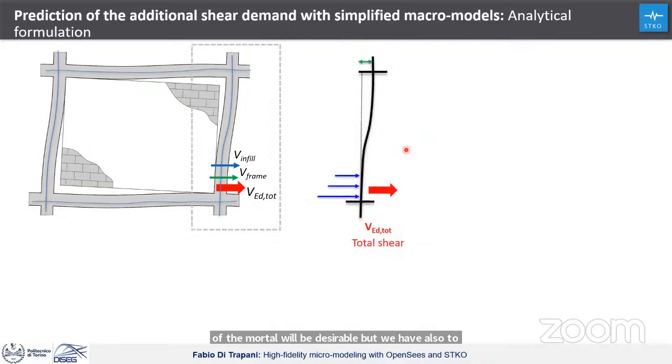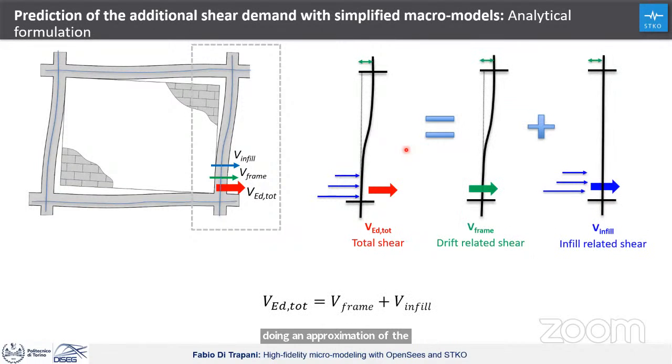Based on this, we formulated a simplified approach that can be used for doing an approximation of the estimation of the additional shear demand, but using the equivalent strut approach. These considerations start from this.